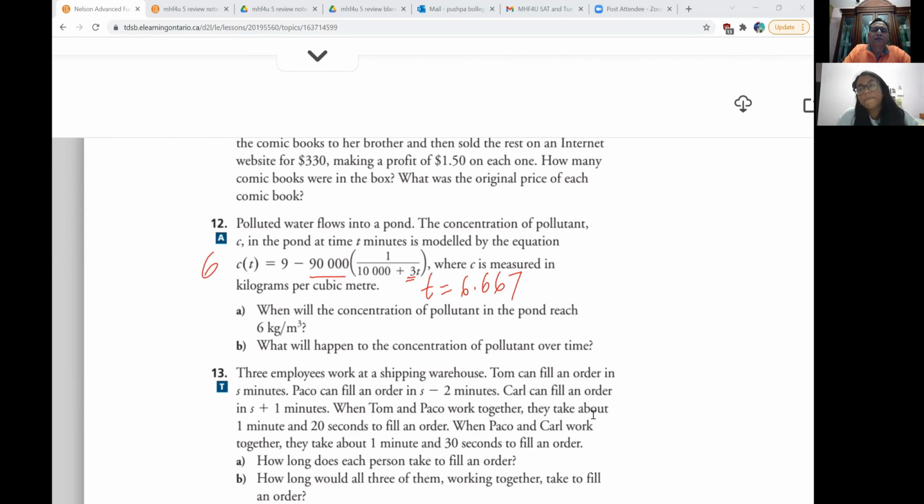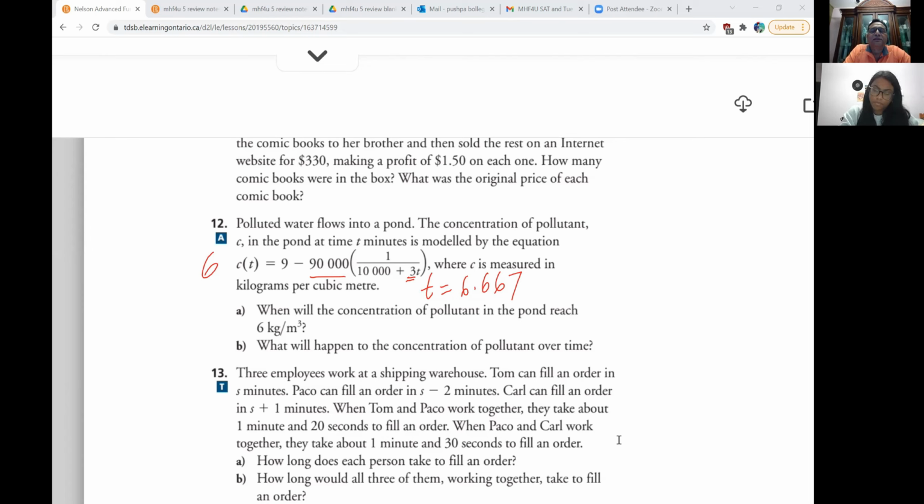So this number will be very small. So how do you think the graph will be for this particular function? Will it decrease? Yes, because it is 9 minus something, right?